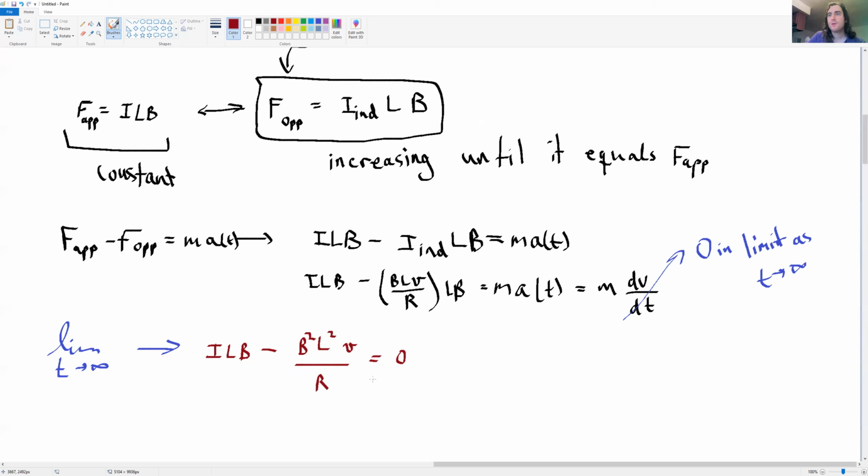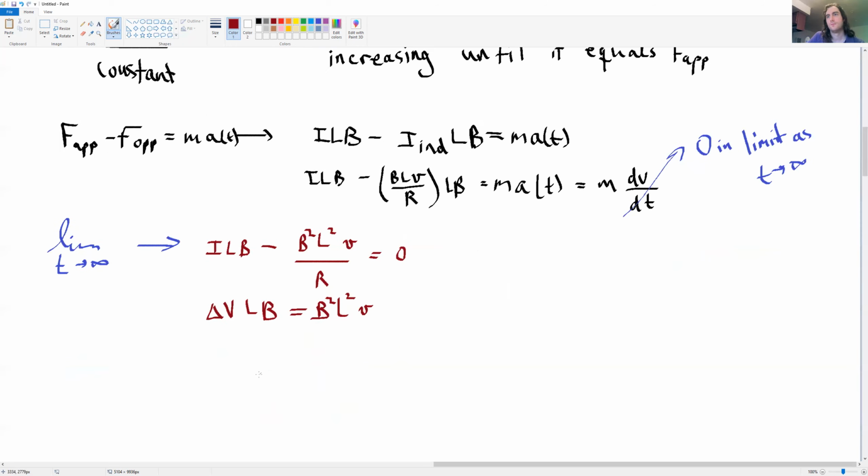And I could multiply both sides by R, and then what I'll end up with is delta V times LB, and then I can add this term to the other side, B squared L squared V. So delta V here is I times R. Is everybody following me?